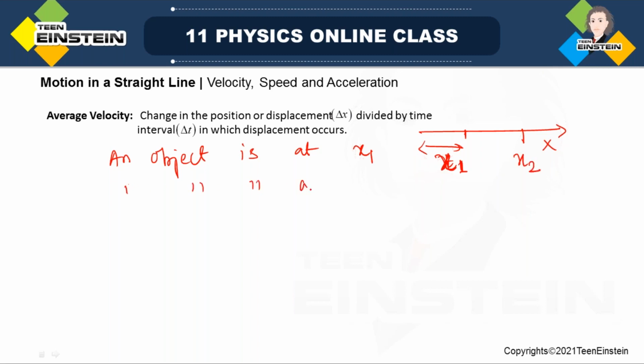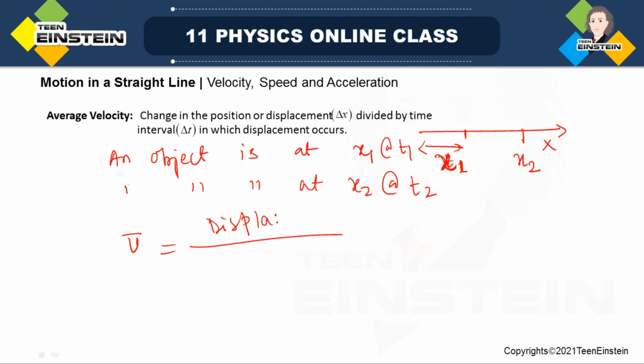So the object is at x1 at t1 and x2 at t2. According to this definition, the average velocity will be displacement, okay, I'll write in words, displacement or change in position divided by time interval.